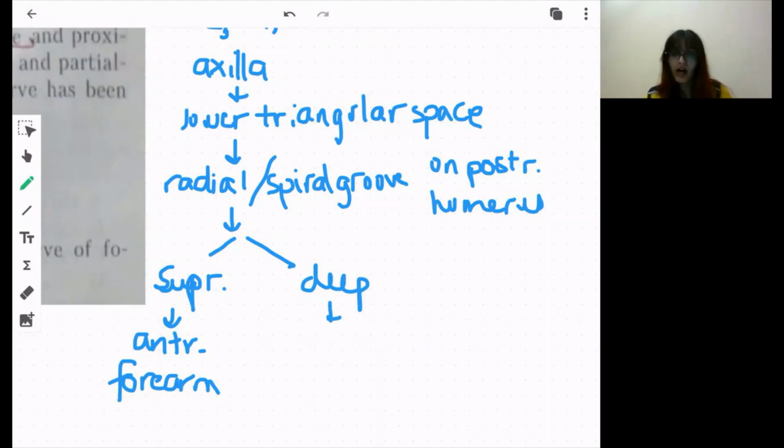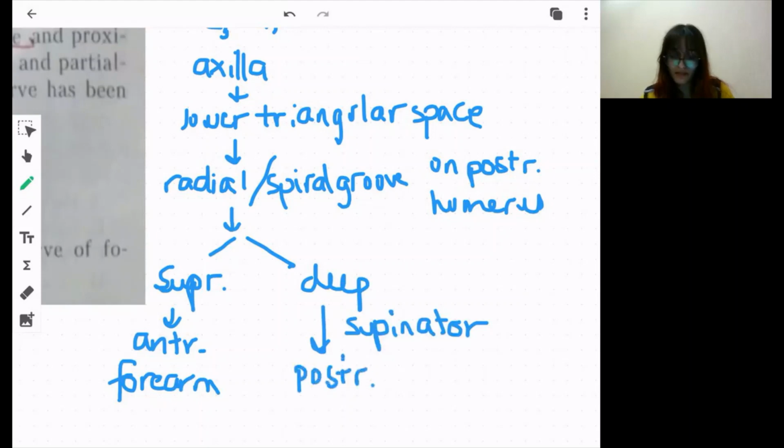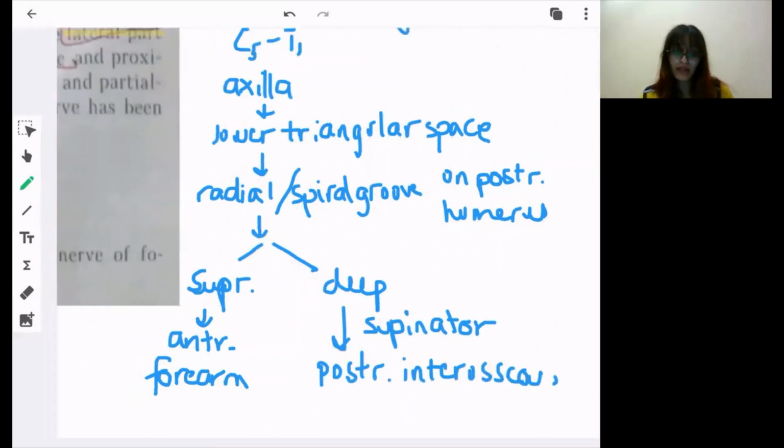We'll see to which muscles in a few minutes. Then after piercing the supinator muscle, it is called the posterior interosseous. This is a simple pathway of the radial nerve.